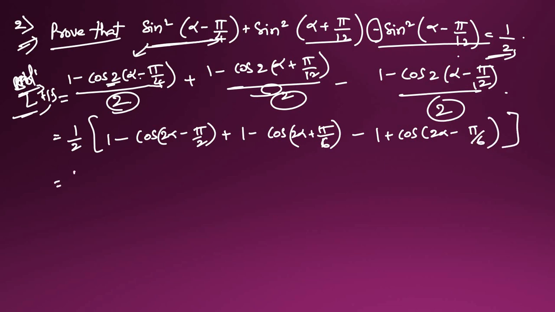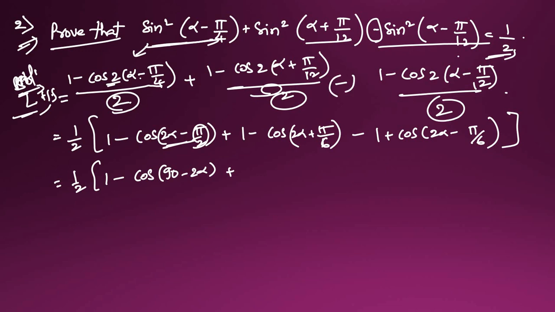Now here 1 by 2 into, so this is 90, so I will write this as cos of 90 minus 2 alpha, this one. Okay, plus, and here what will come here.